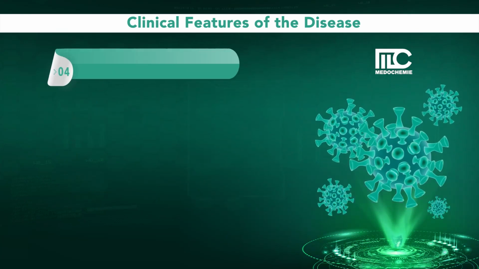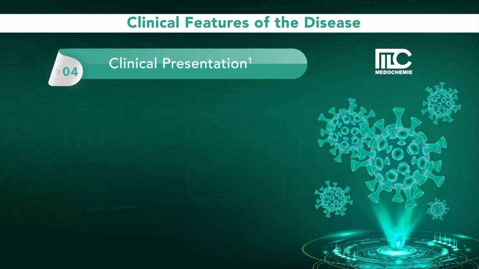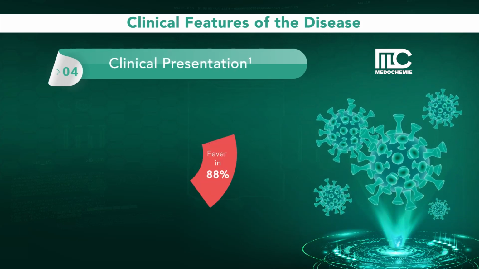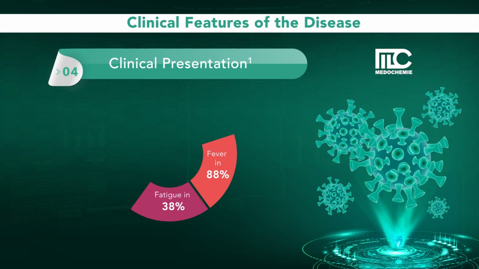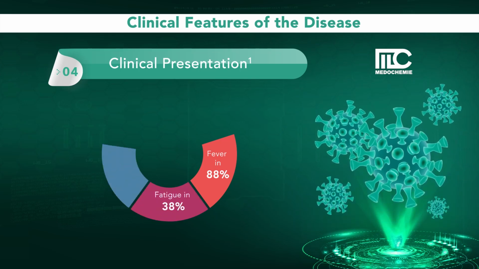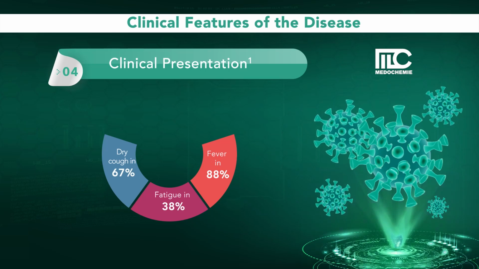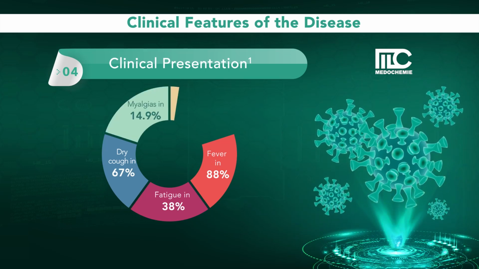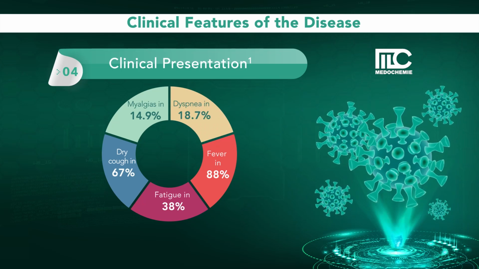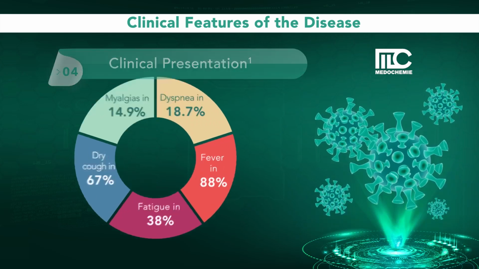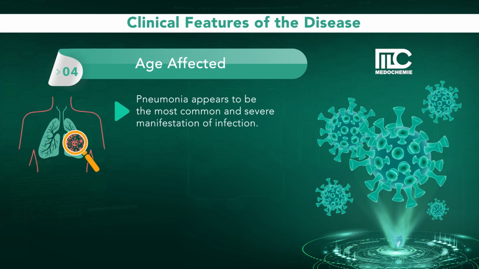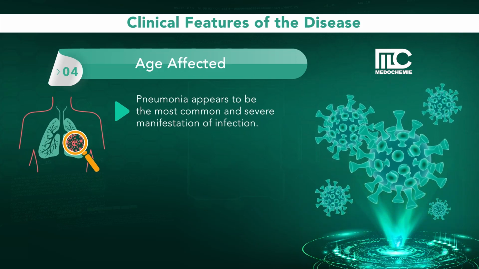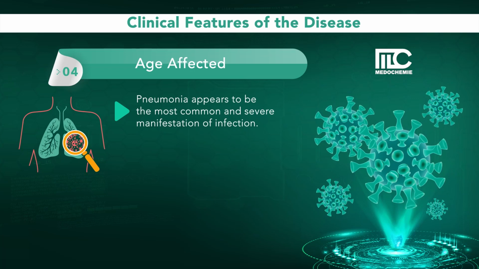The symptoms, the clinical presentation: fever in 88%, fatigue in 38%, dry cough in 67%, myalgia in 15%, dyspnea in 19%. Pneumonia appears to be the most common and severe manifestation of the infection, pneumonia.